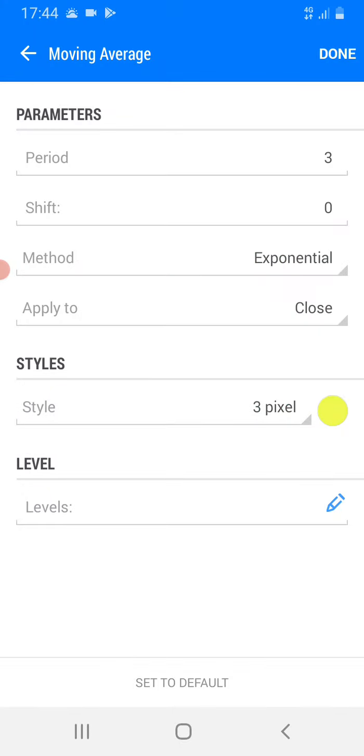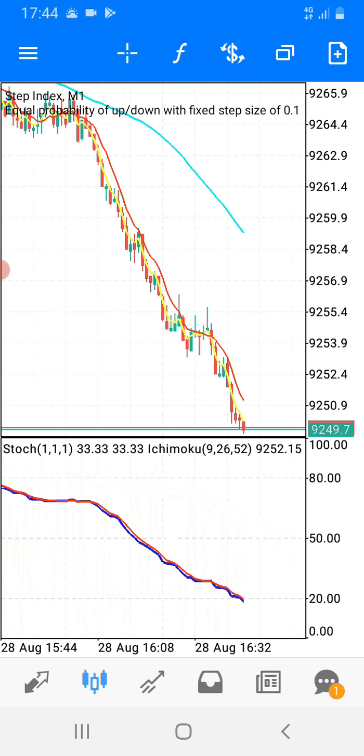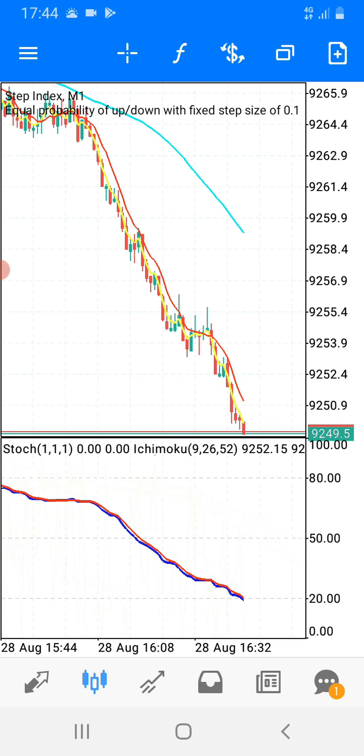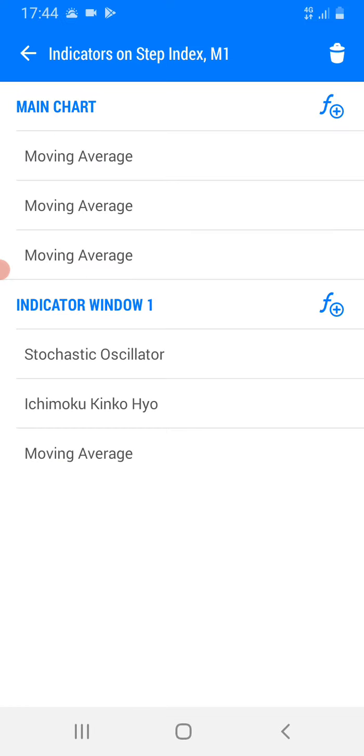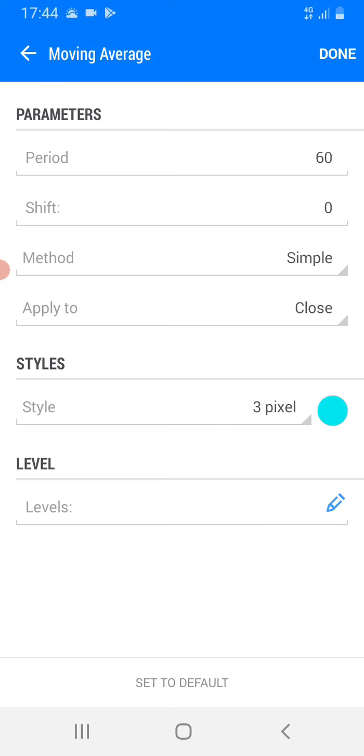Then you take color yellow, then you click done for the moving average. Then the next indicator is the moving average again, period 60 this time around, shift 0, method simple, apply to close, the style 3 pixel, the color blue, then you click done.